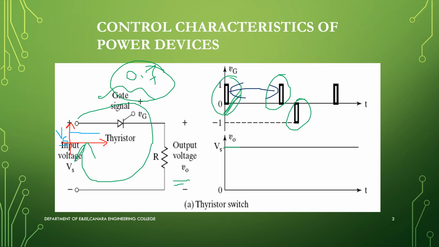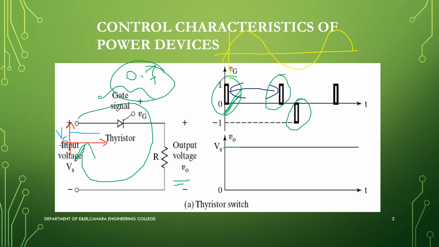That is because once the thyristor starts conducting, irrespective of whatever gate signal you apply, it will continue to conduct, provided it is a DC signal. If it is an AC signal, you will have an input like this, right?